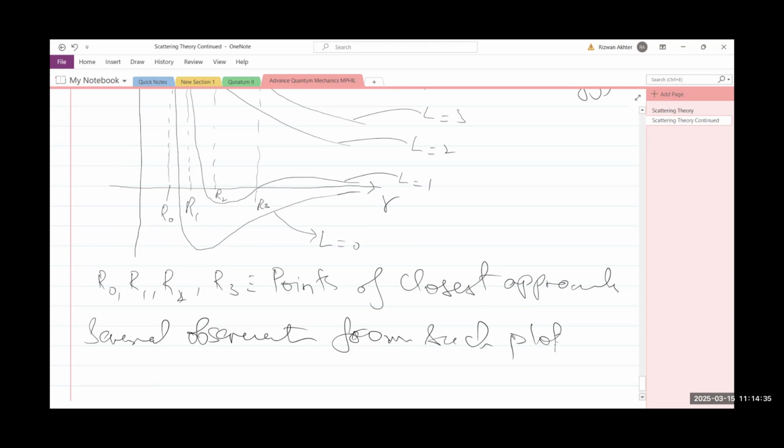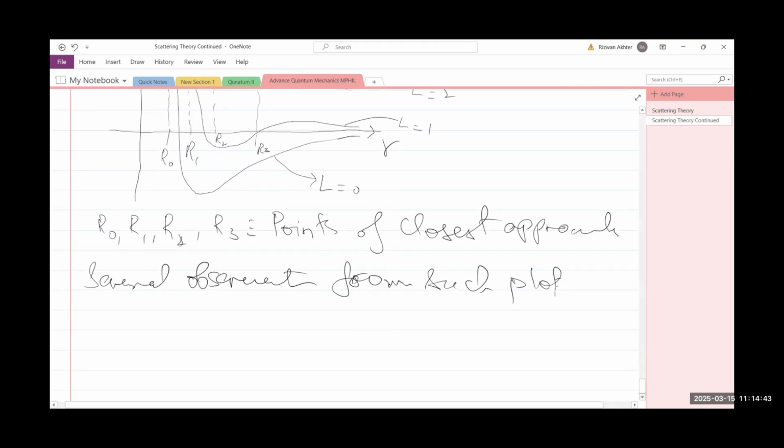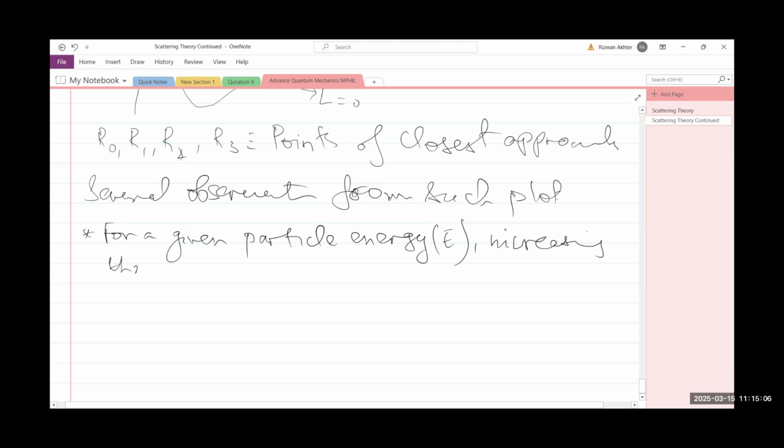Yeah. And so we have different cases. First of all, we need to know that for a given particle energy, let's say we call that E, increasing the angular momentum, what do you mean by increasing angular momentum?